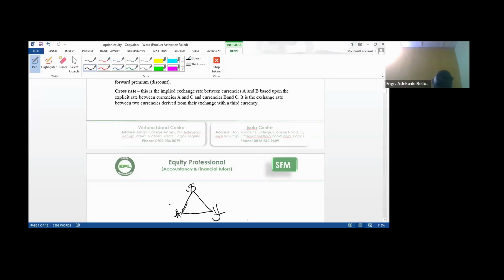Assuming we have 1,500 naira equal to $1, and you have 100 yen equal to $1.